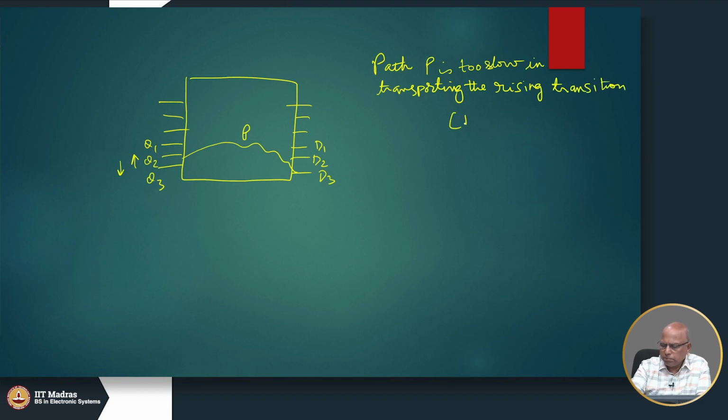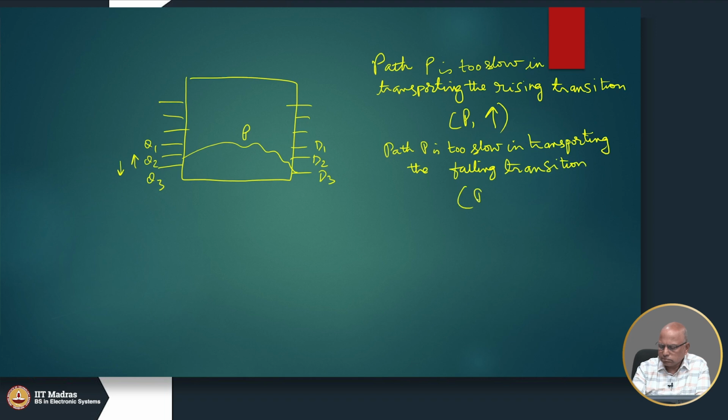Suppose we write it like P. It could also be that path P is too slow in transporting the falling transition. Okay, we can write it like this.